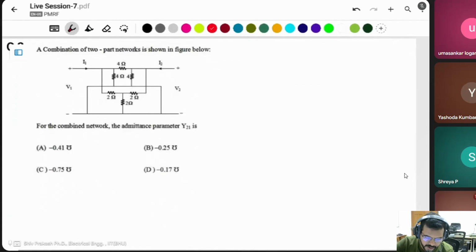In this case, one network is this one. In this one you can say both are connected the same.